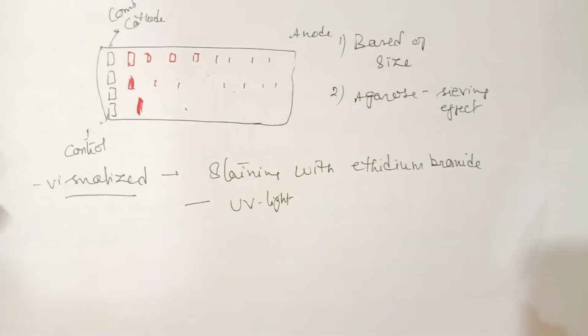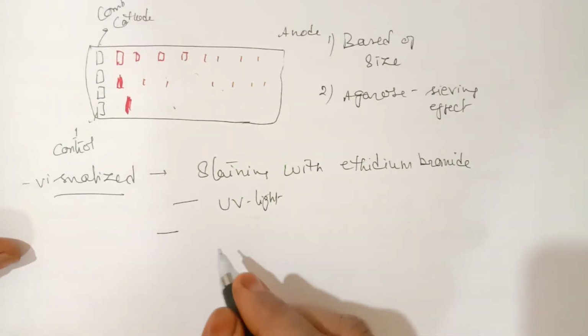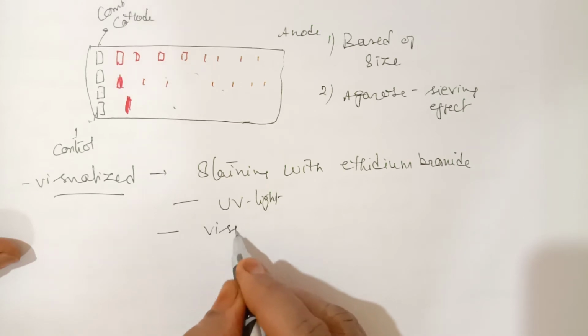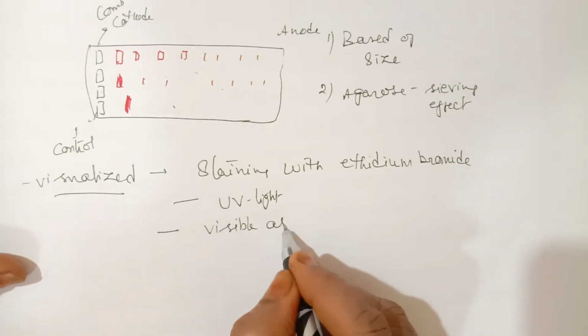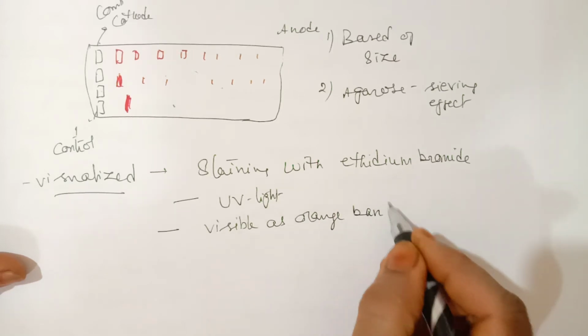When exposed to UV light, these DNA fragments which are separated can be seen as orange bands.